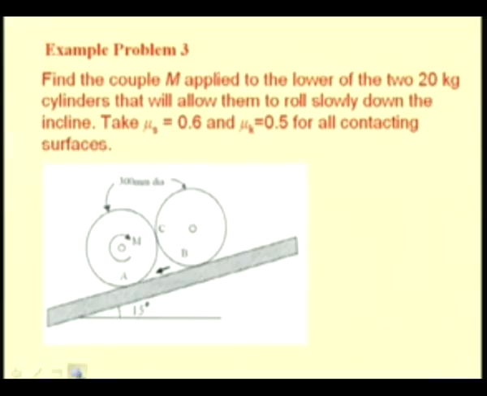So, with this, let us draw the free body diagram. We have the incline at 15 degrees, the two rollers.